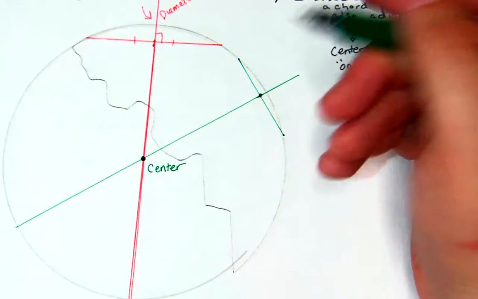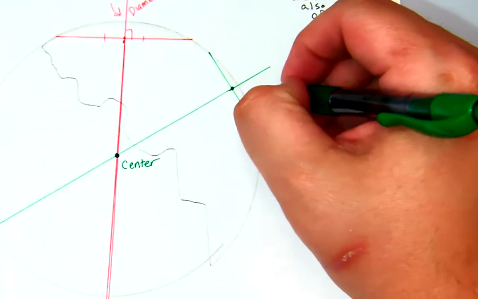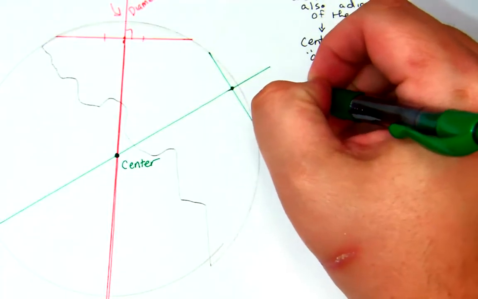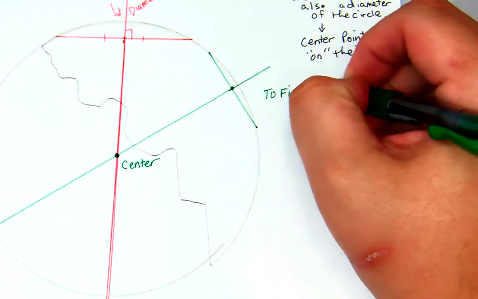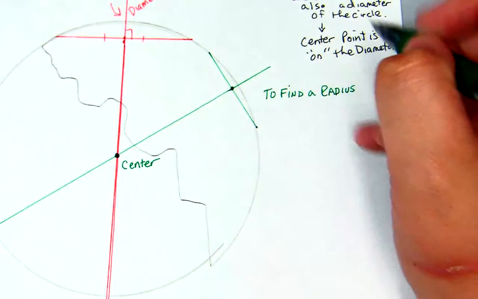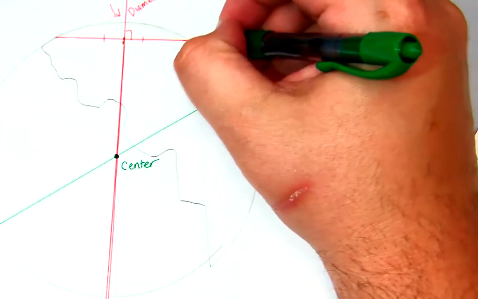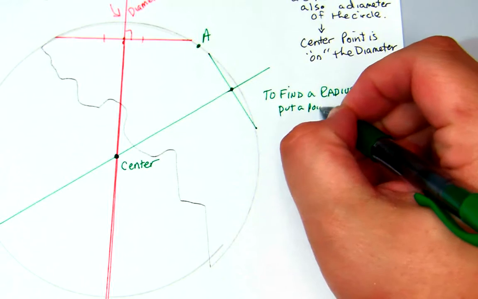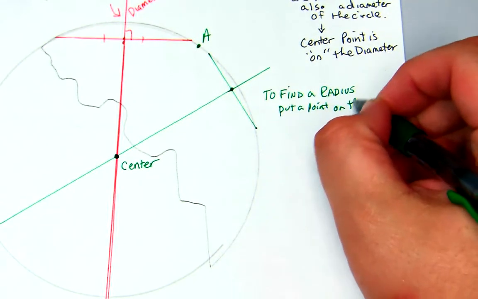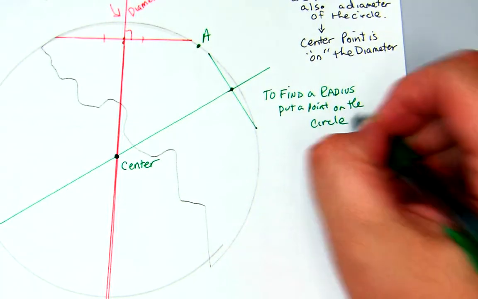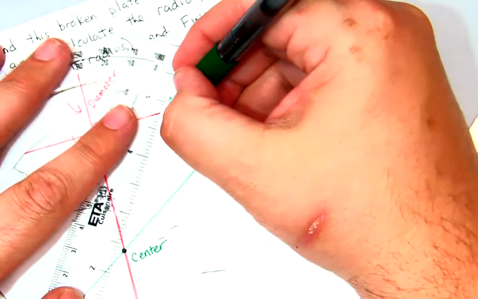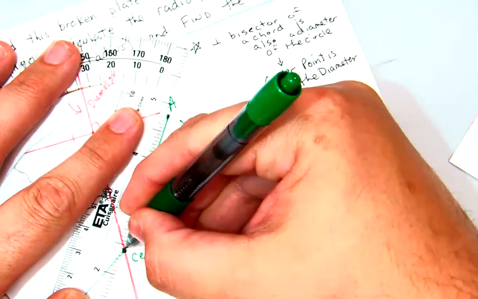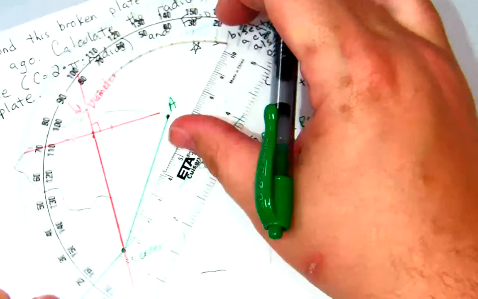Now, I need to find a radius. Put a point on the circle. And just connect the point to the center and then measure it.